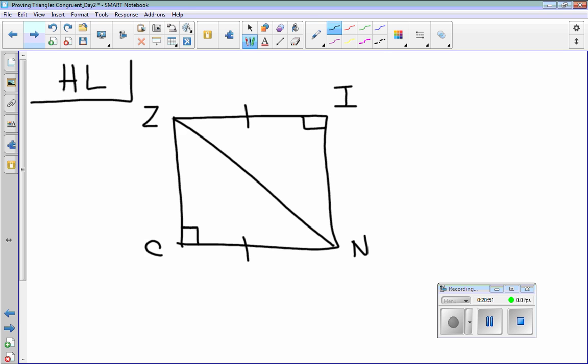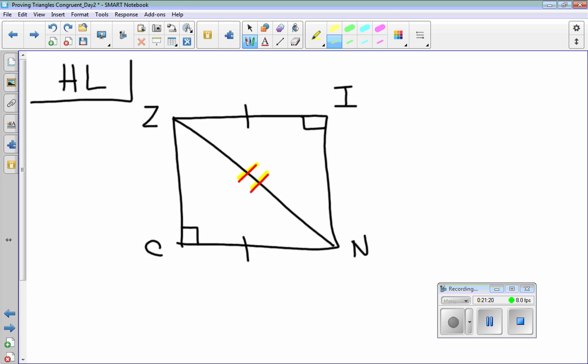The shared side. Good, Amira. So I know that in my different color that I'm going to highlight, I can add this information. It wasn't given to us. We're going to add it to the picture. Do I have HL now? Well, I do, because it would normally be side-side angle, which we know is not a right way to prove triangles congruent.